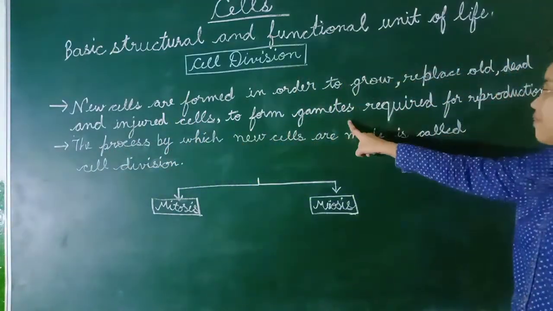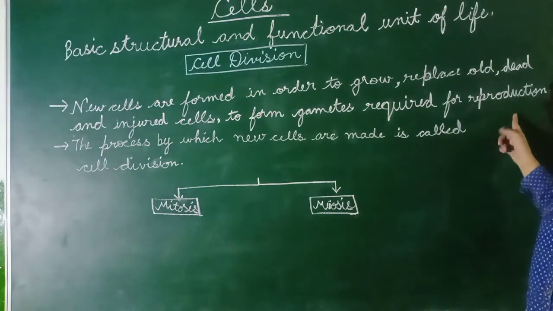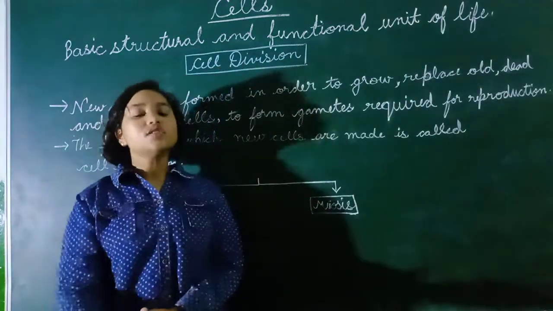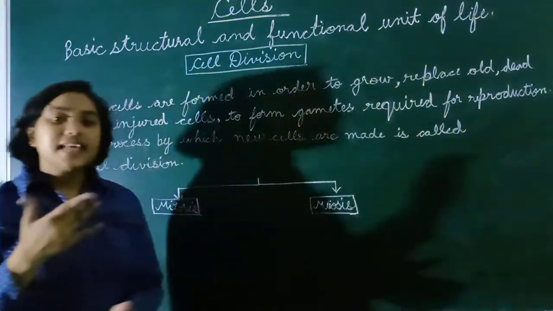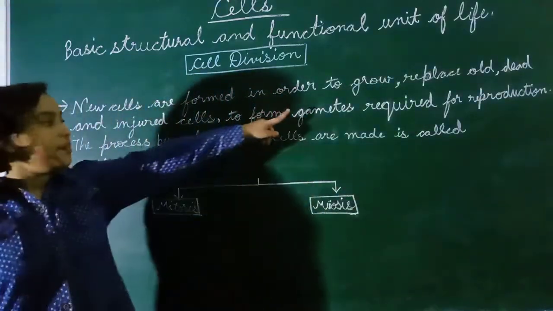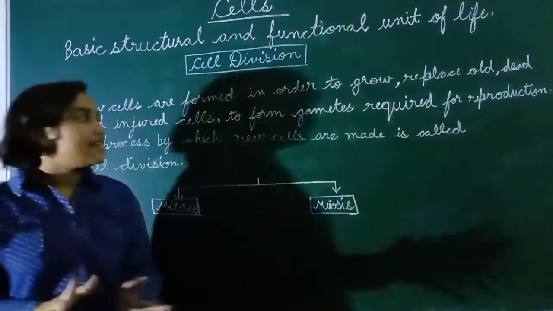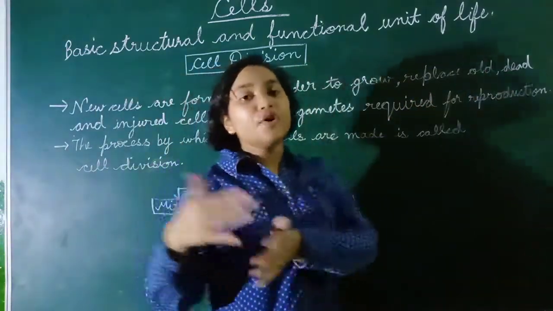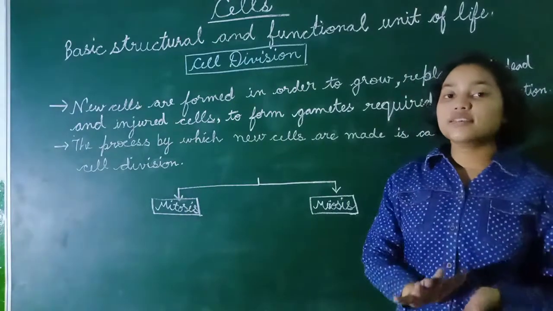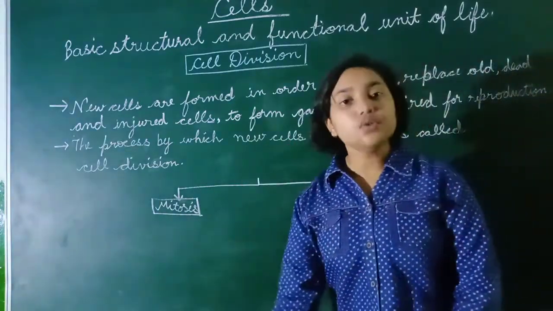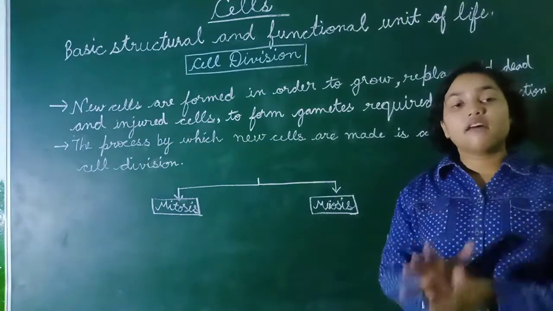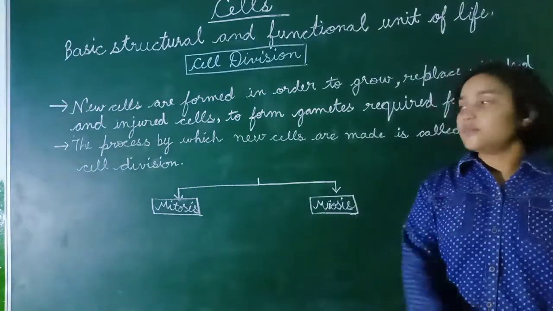Cell division is also needed to form gametes required for reproduction. When the cells get mature, the gametes, or sex cells, are required for reproduction, because reproduction is important for us to grow new young ones in order to increase our diversity.